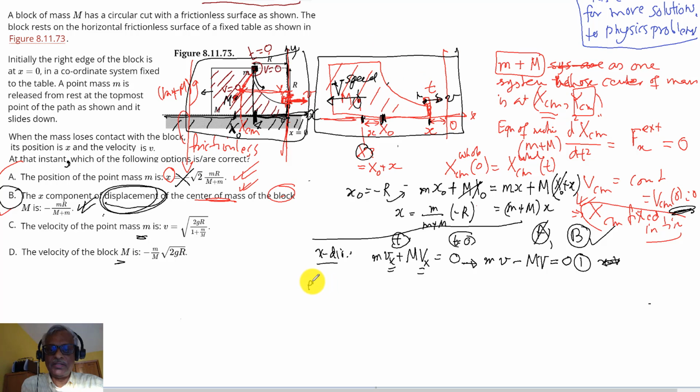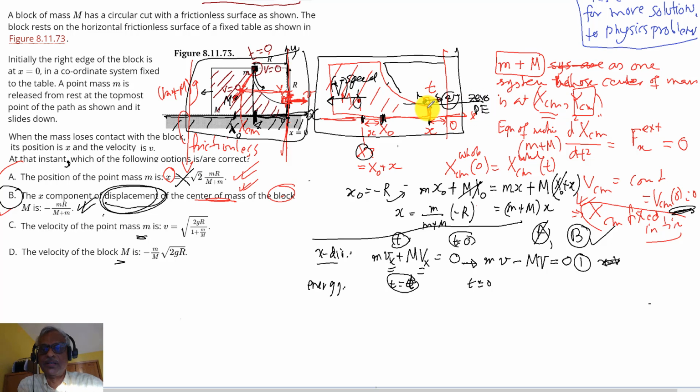So energy conservation will give me, very interestingly, at t equals 0 versus t equals t. At t equals t, this guy is moving with speed v, and this guy with speed V, and this guy's center of mass has come down here. So let's call this level 0 for potential energy.